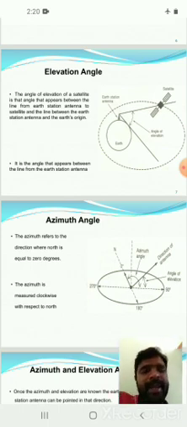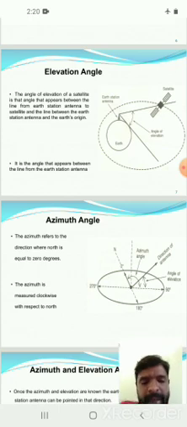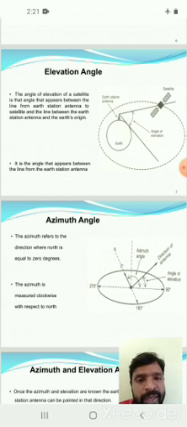Here the elevation angle is the horizontal angle pointing from the Earth station to the satellite. So simply, the horizontal angle from the Earth station antenna to the satellite is called the elevation angle.